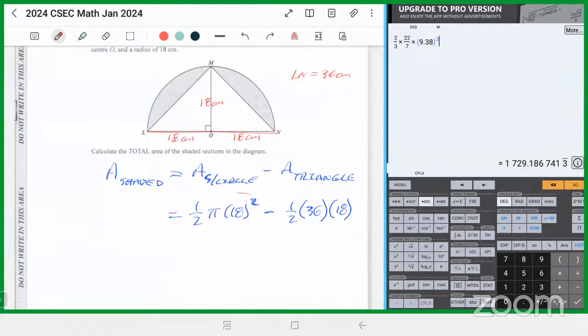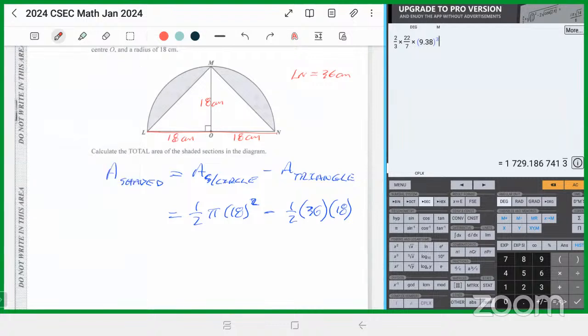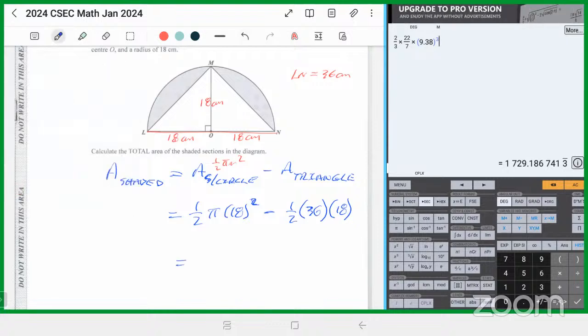All right, this is a half pi r squared formula because area of a circle is pi r squared, so the semicircle is half pi r squared. And that's what we're using here. So let's do one calculation with all of that, and that should give us our answer right there.